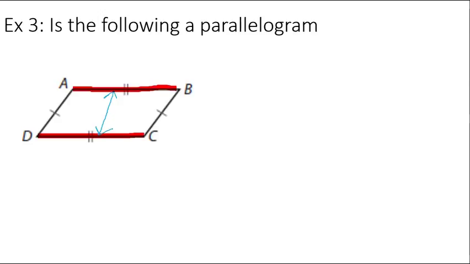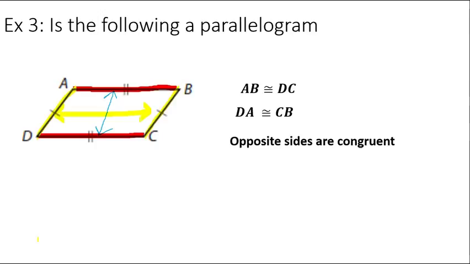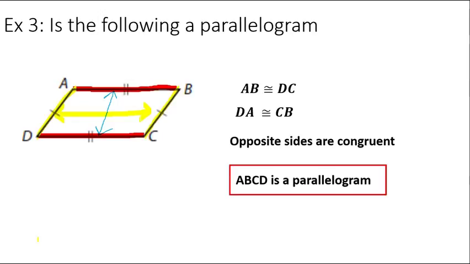Then we look at the other segments: DA and CB are also congruent, and they're opposite each other. So here we say opposite sides are congruent, and since that's true, ABCD is a parallelogram.